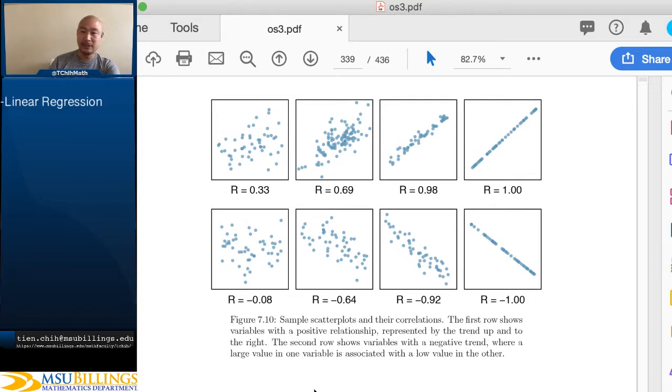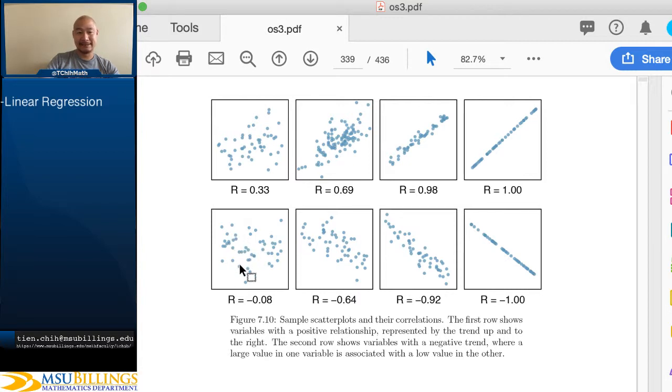And so the correlation coefficient ranges between 1 and negative 1. 1 is a perfectly positive relationship, negative 1 is a perfectly negative relationship, 0 would be no relationship at all. And so we can see here, starting at 1, as r decreases, we get less and less cohesive positive relationships. And then at 0 would be no relationship.